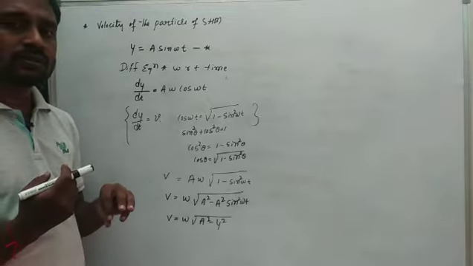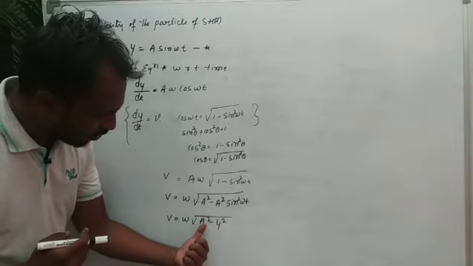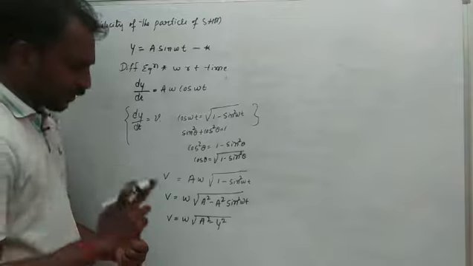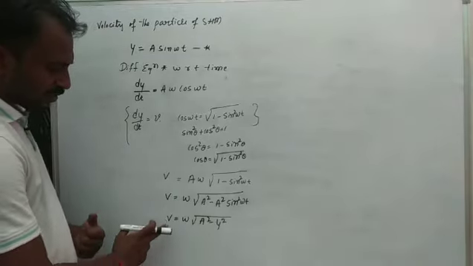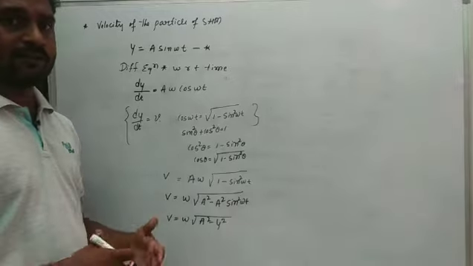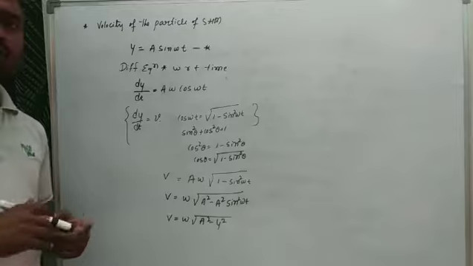Suppose v is equal to omega whole root of a square minus y square. A square is the amplitude, y square is the displacement, v is the velocity, and omega is the angular frequency or angular velocity. So this is the velocity of the particle of SHM.